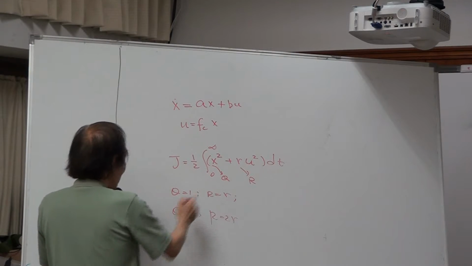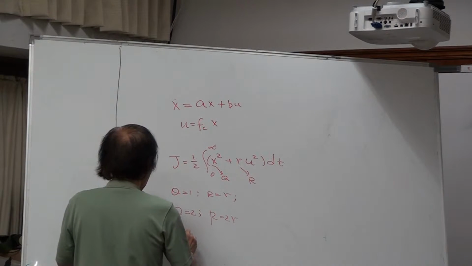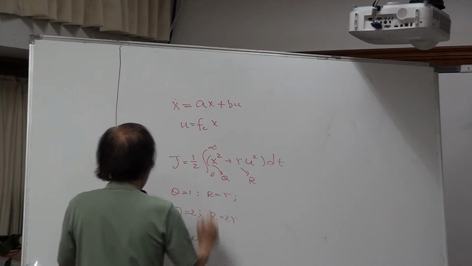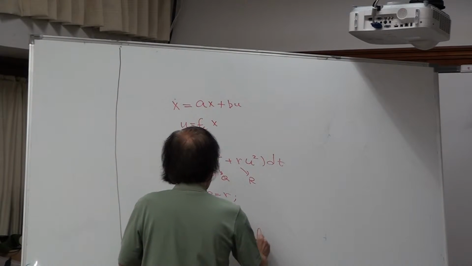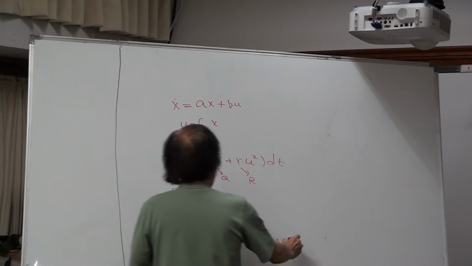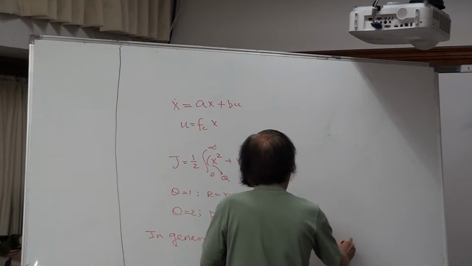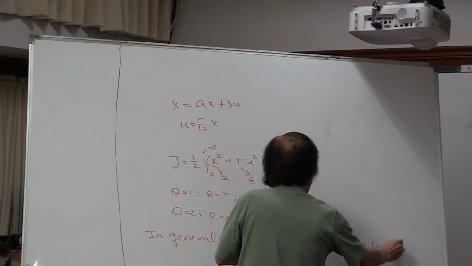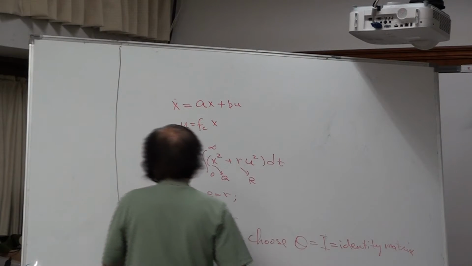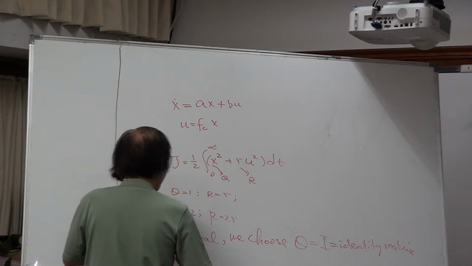So in general, we choose Q as the identity matrix, and just change the value of R.